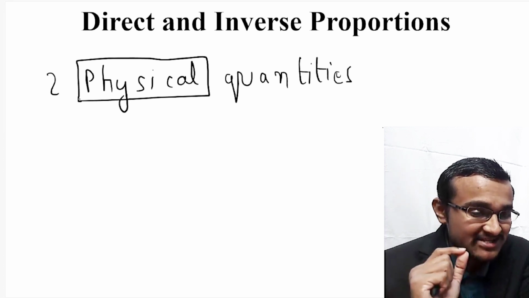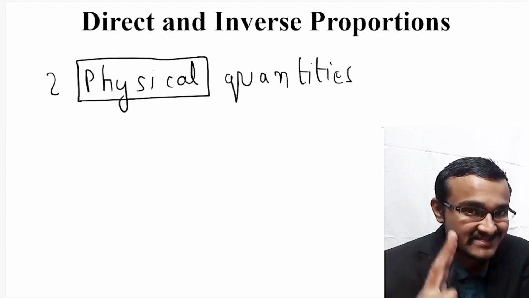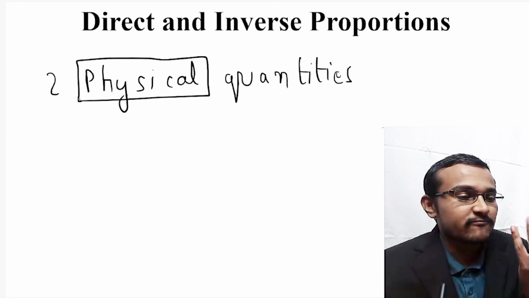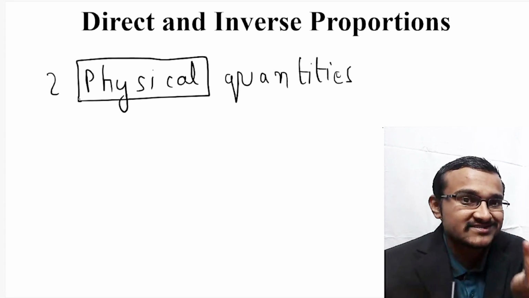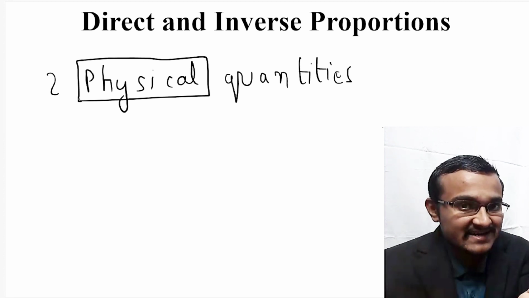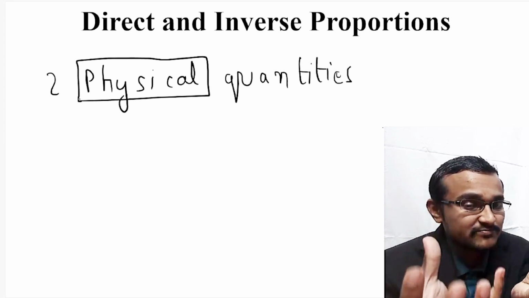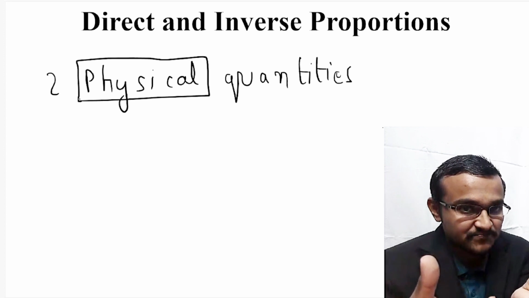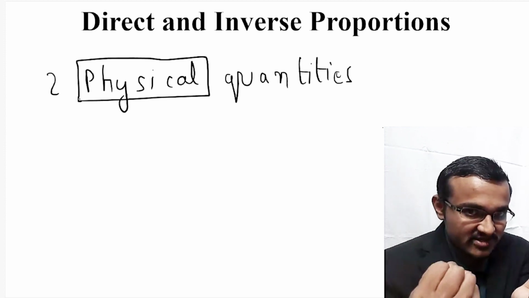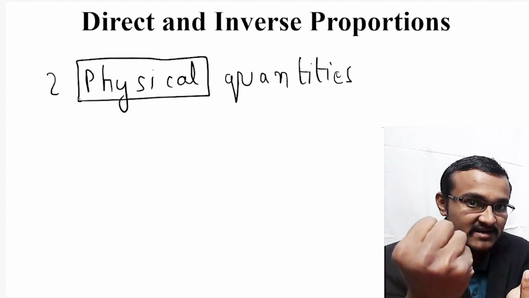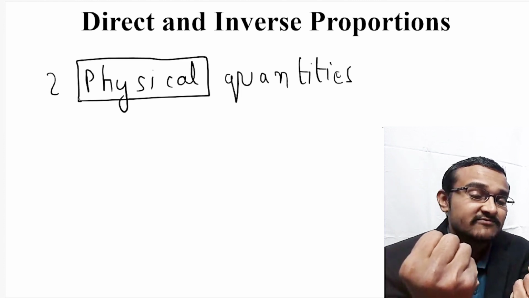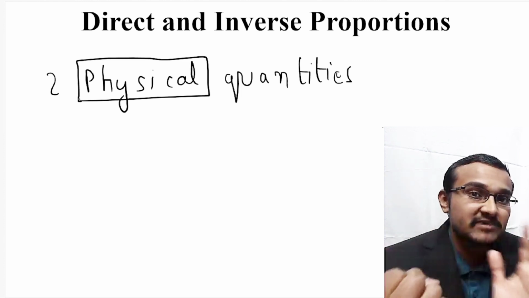Now if I compare two different physical quantities, if one particular physical quantity is changing directly as the second particular physical quantity is changing, for example, if this particular physical quantity is increasing, then this particular physical quantity will also increase at the same rate.